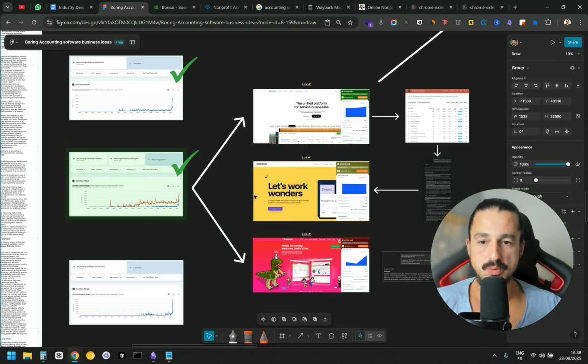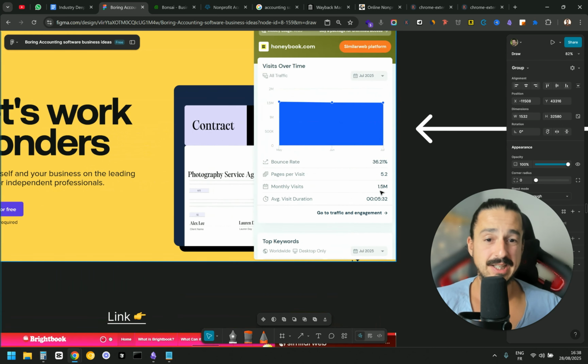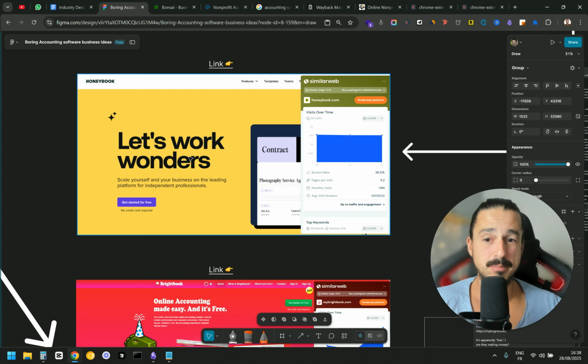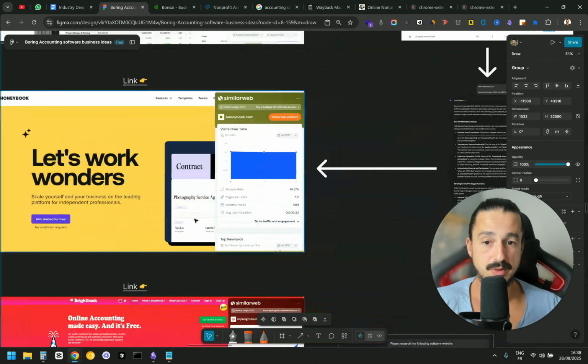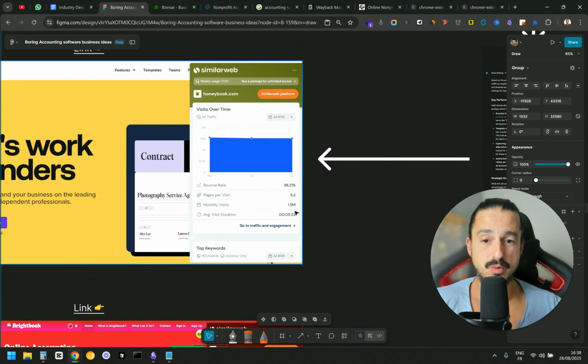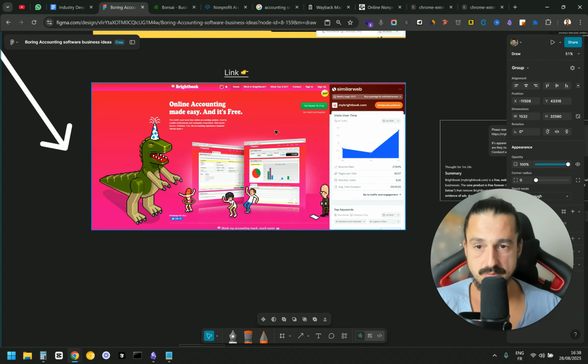So far so good. And looking into the different actors, and I didn't go further, but I could have, we find something like that, which means it's a very big one, and it's on the homepage for independent professionals, and we have a lot of traffic, which means this is something we can go into.